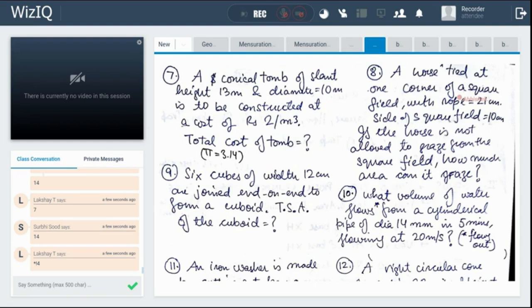So please try question number 10. Just try question number 10.